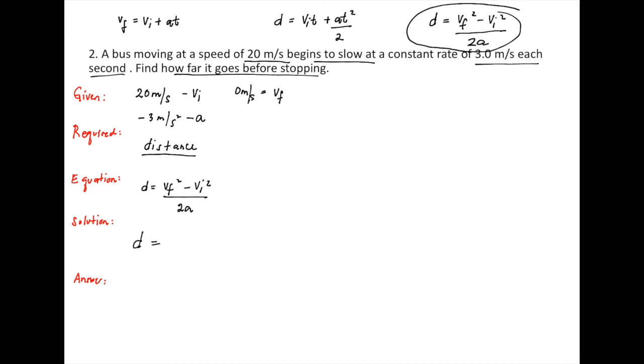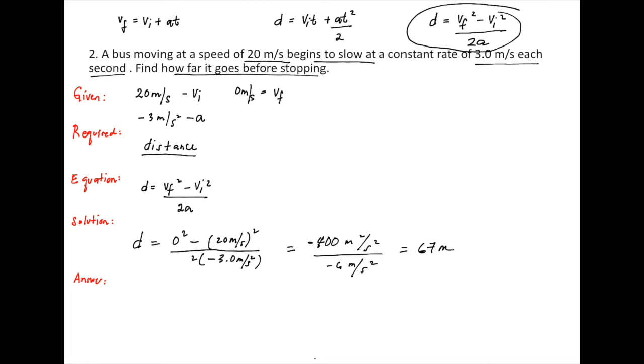So our solution would be vf square, that is simply 0 square, minus 20 meter per second square, divided by 2 times the a, which is negative 3 meter per second square, and that is simply 400 meter square per second square divided by negative 6 meter per second square, and take note that is still negative, and therefore our answer is 67 meter.